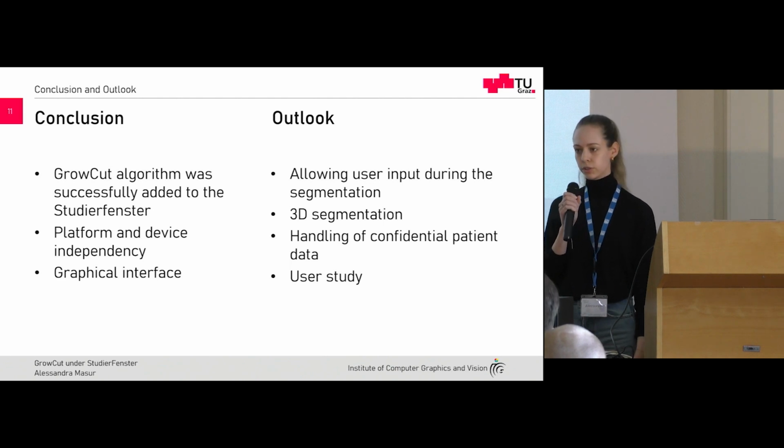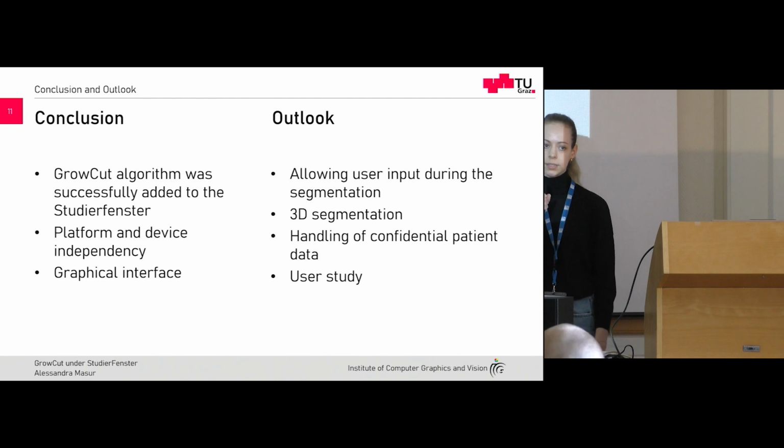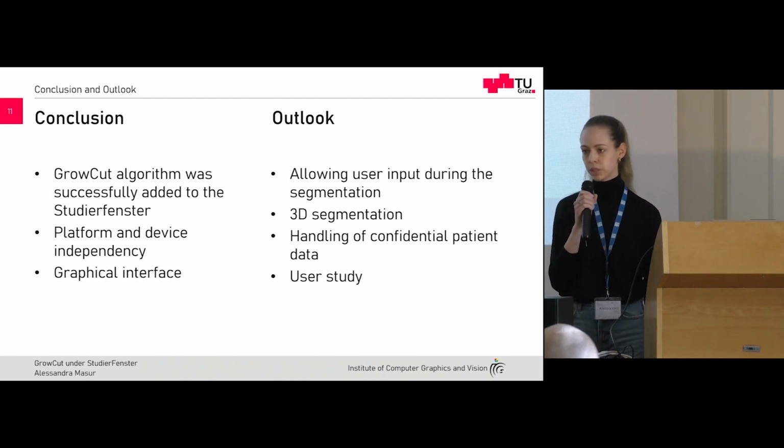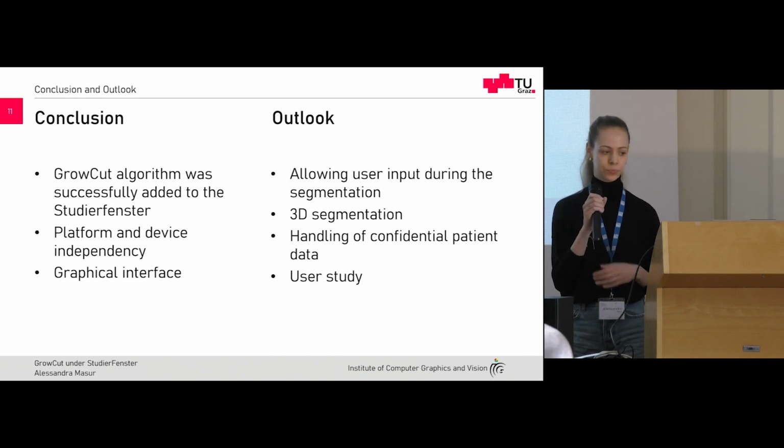And users of the GrowCut in the StudierFenster now also benefit from the device and platform independency of the website itself. And using the GrowCut on the website also provides you a graphical user interface as opposed to just using the Python script itself, for example.